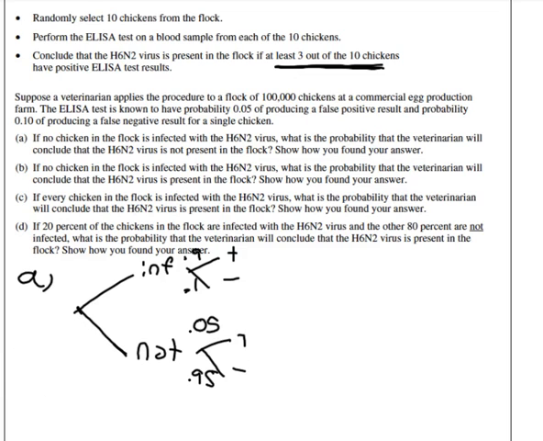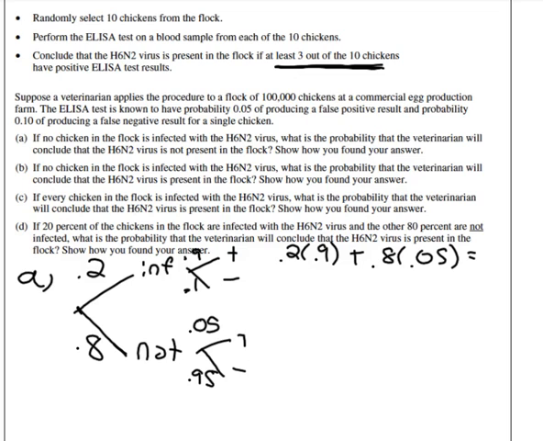But this time, we're going to say 20% are infected, 80% are not infected. So if we want the probability of getting a positive test result, 20% are infected, or it could get a positive result even if they're not infected.